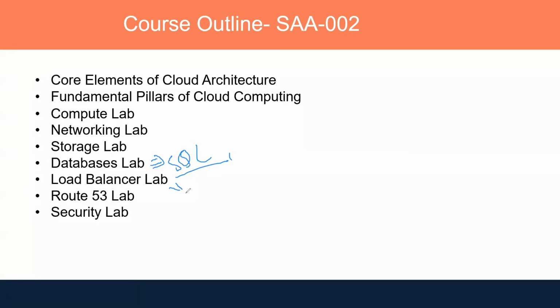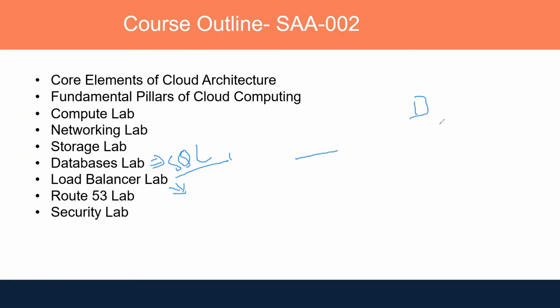Then we have a load balancer. This is another good thing. In the load balancer lab, we will see how we can create a load balancer. Basically, a load balancer is a virtual device which we can take on the cloud, a virtual service, or balancer as a service. It is going to distribute the load.